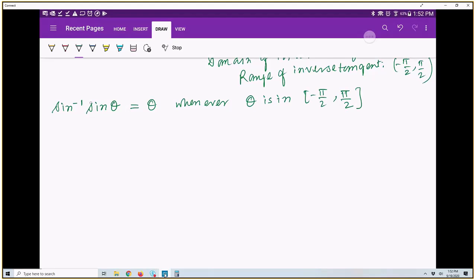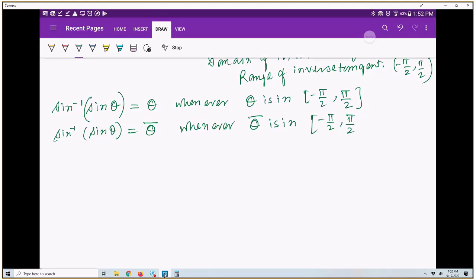So what will happen in that situation? We'll say sine inverse of sine of theta is equal to theta bar whenever theta bar is in -pi/2 and pi/2. Not only that, sine of theta is equal to sine of theta bar.